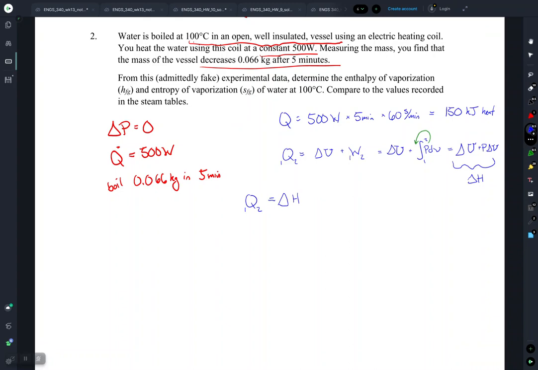So we're essentially asking, where is that heat going? It's going into the vaporization of water. So the change in enthalpy that we're seeing is exactly h_fg. So this change in enthalpy is 150 kilojoules.